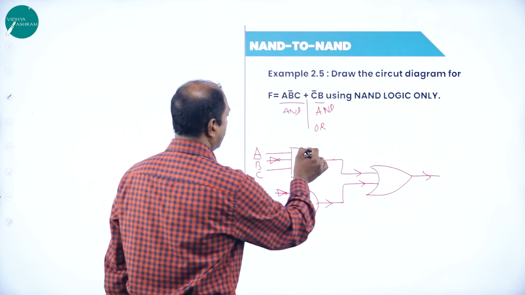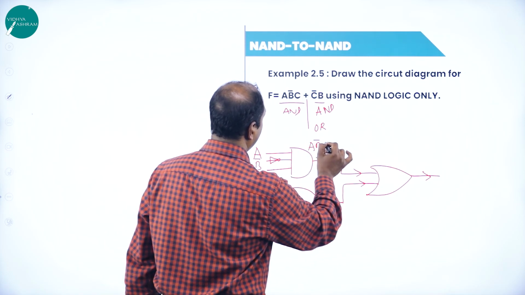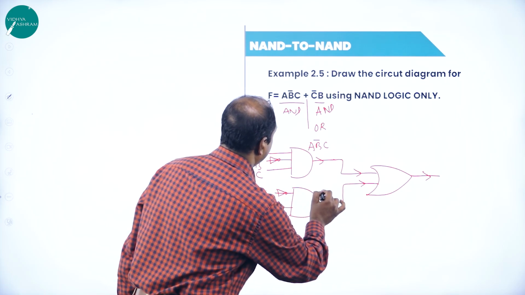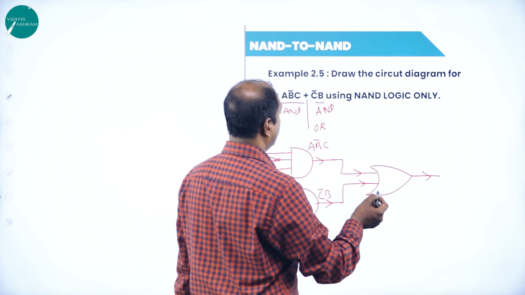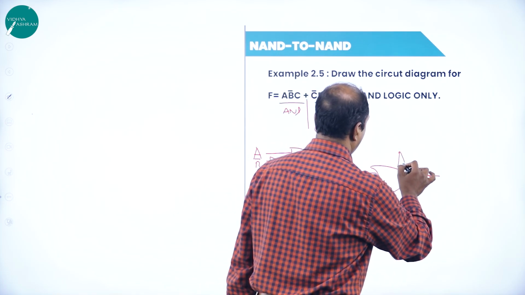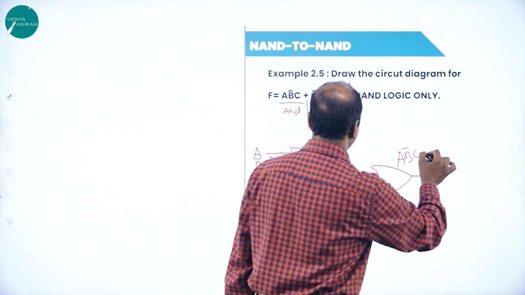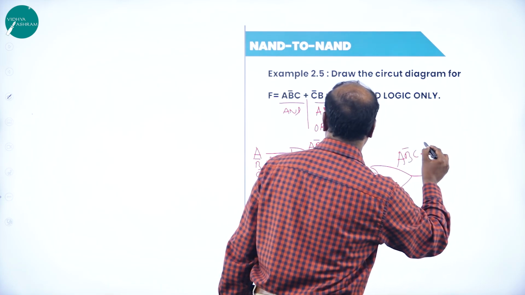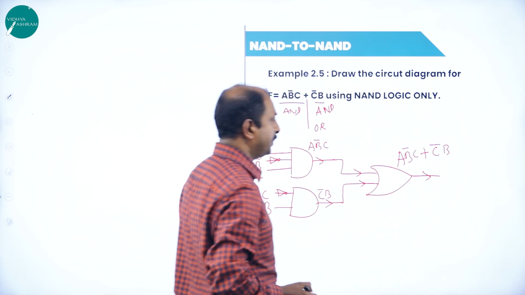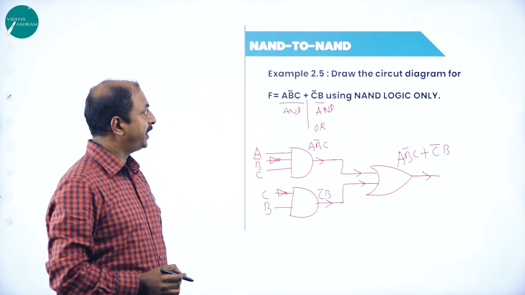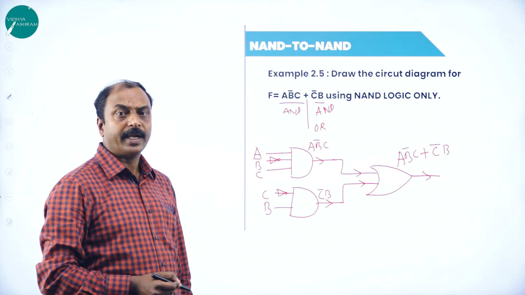Here this is A, B naught, C, and this is C naught, B. Now the output will be A, B naught, C plus C naught, B.